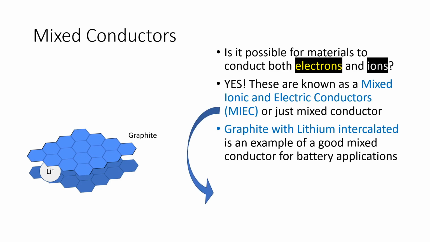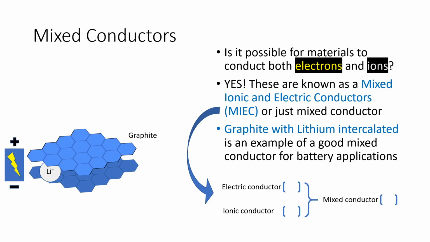And so in order to check if it's a mixed conductor, we must see that it satisfies the condition of being both an electric and an ionic conductor. If it satisfies both of these, it is a mixed conductor. And so when we apply a voltage across graphite, we notice that the lithium ion migrates across. So this makes it an ionic conductor. So, check.